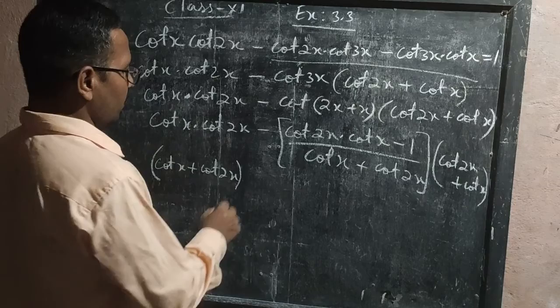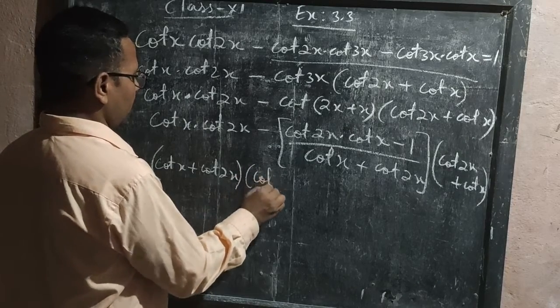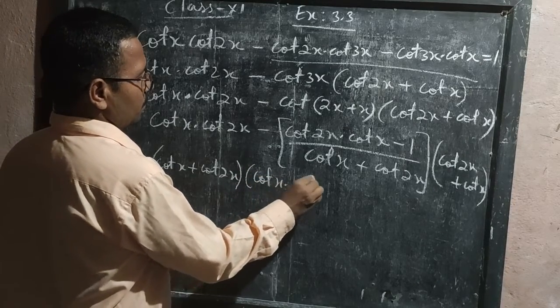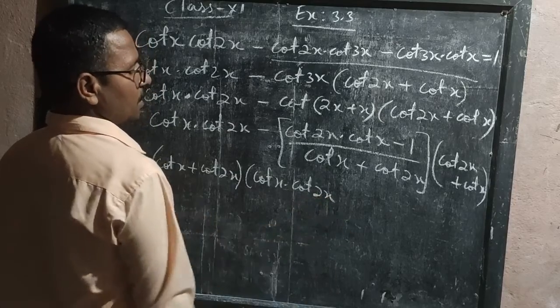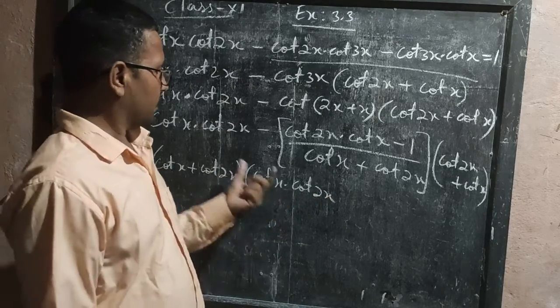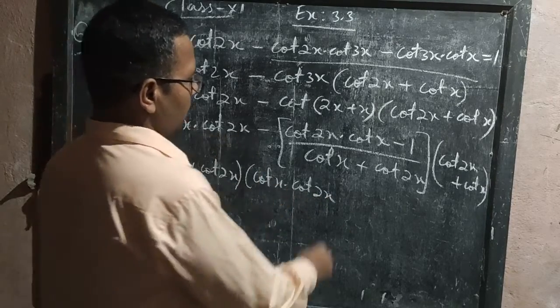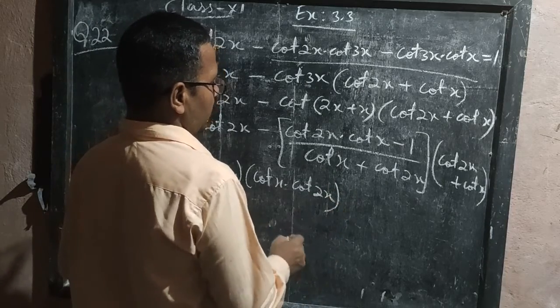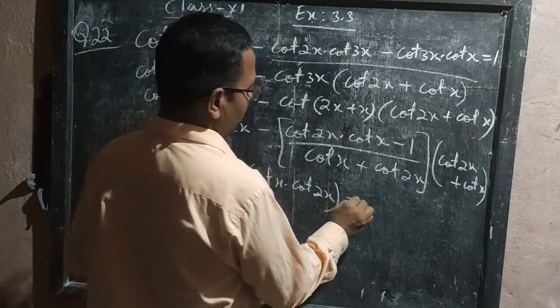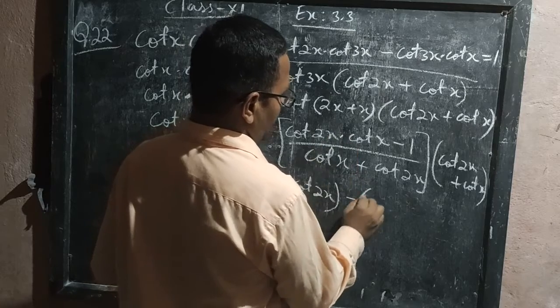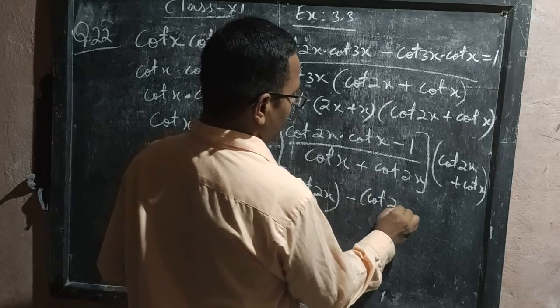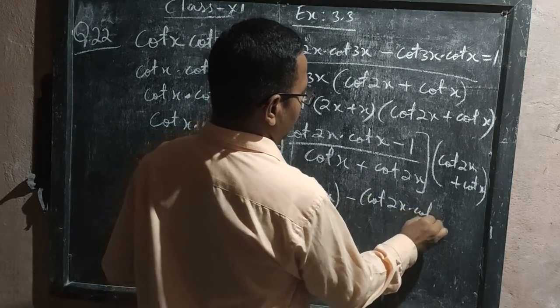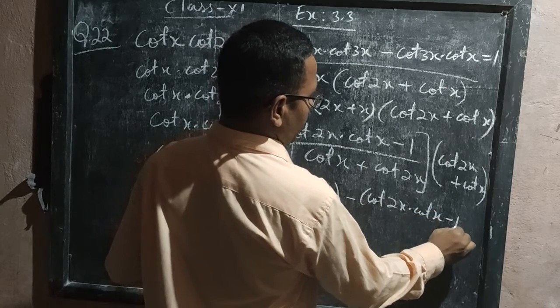Now this one will remain as it is, that is cot x into cot 2x. This much will stay as it is in the multiplication. Close the bracket, cot 2x, and minus this one, cot 2x into cot x minus 1.